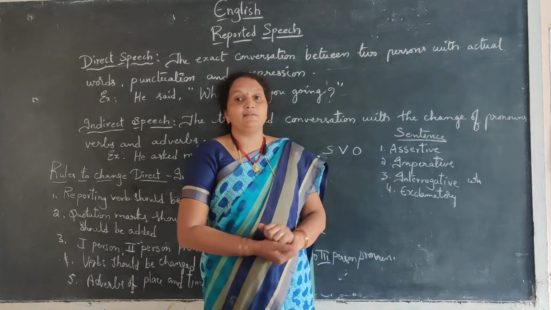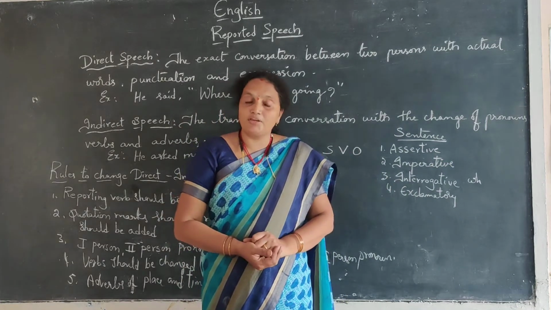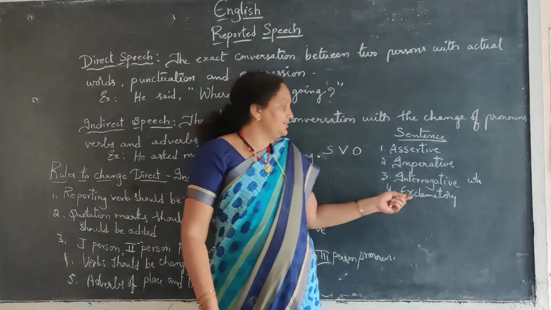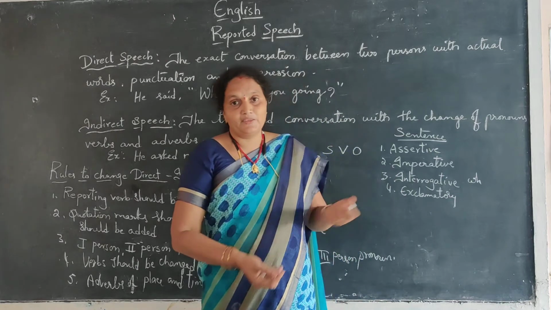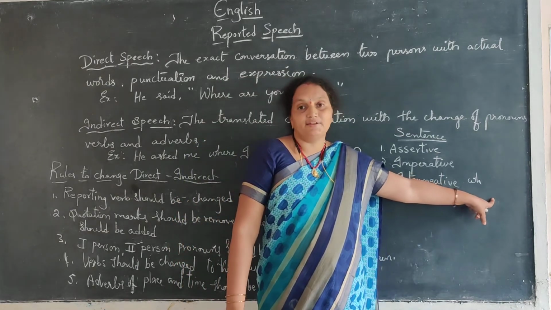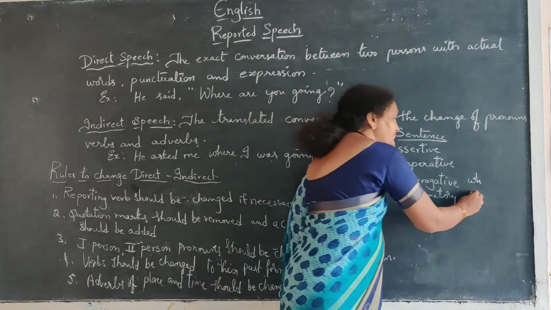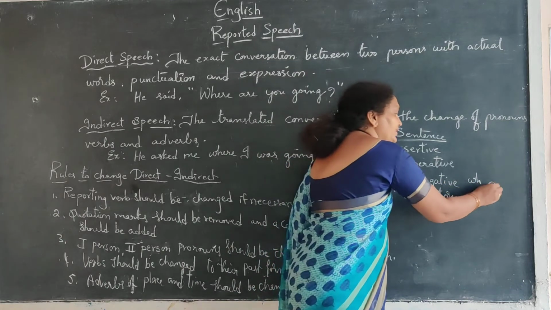And next, exclamatory sentence. Surprise, shock, whatever. The sentence which is used to show our sudden feelings is called an exclamatory sentence. We show this with the help of an exclamation mark. Here we use a question mark.